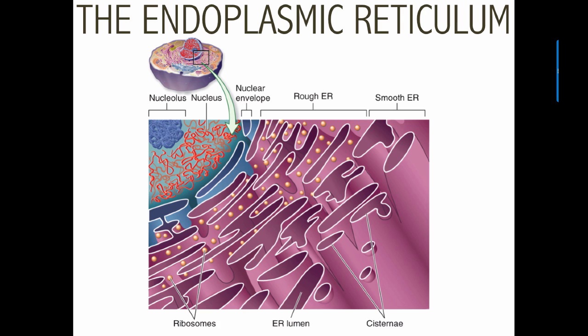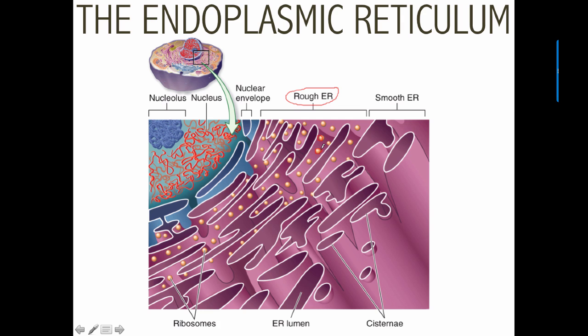The endomembrane system really starts with the nuclear envelope, and then moving away from the nuclear envelope we have endoplasmic reticulum. There are two types of endoplasmic reticulum. There is the so-called rough endoplasmic reticulum, which is rough because it has ribosomes dotted all over its surface.